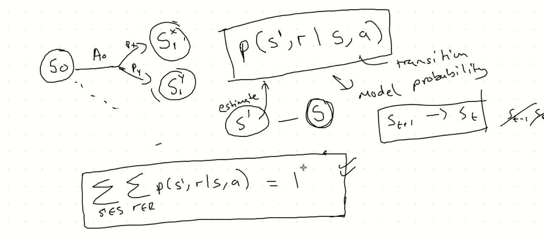But for now, I'm just going to leave it as is, and we will move on to the next step, which is focusing on goals and rewards, like what we are actually trying to solve for when we're solving reinforcement learning problems, right?